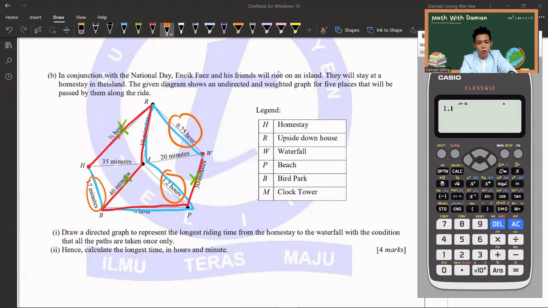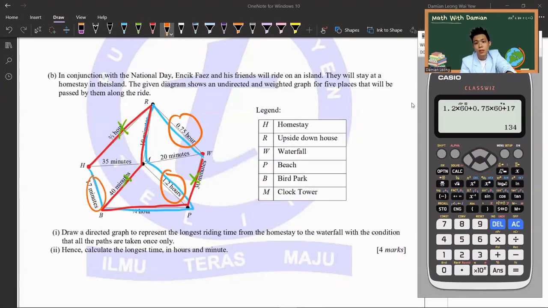Okay, so 1.2 hours times 60 minutes plus 0.75 also times 60 minutes plus 17 minutes. That will give us 134 minutes. The other one, 2/3 hour times 60 minutes plus 40 minutes plus 30 minutes, 110.